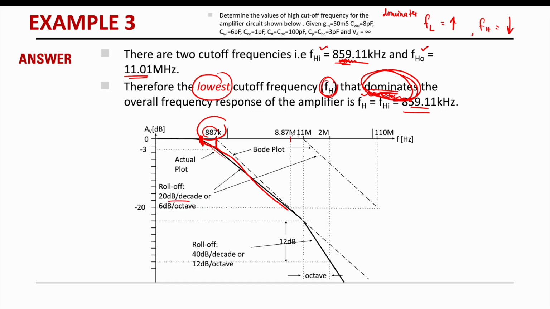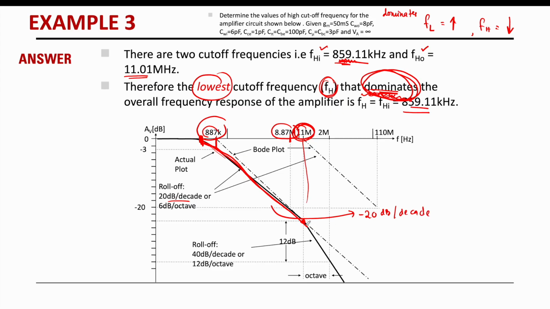Now this will be your other frequency, which is 11.01 megahertz. At 11.01 megahertz, your frequency response will drop negative 20 dB per decade.